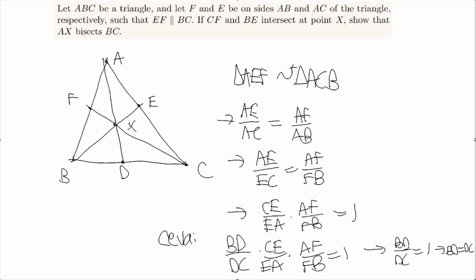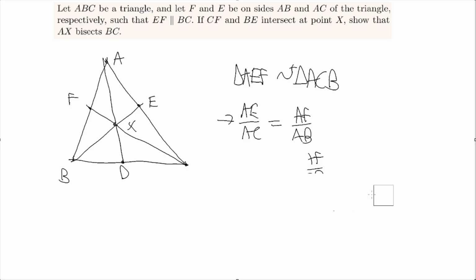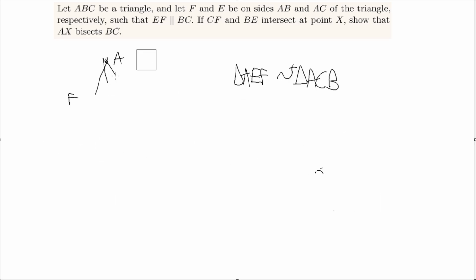All right, so now that we've done this example, we want to figure out how Ceva's theorem can apply whenever we don't have to intersect the other sides. We want to find a version of Ceva's theorem that does not involve the other sides of the triangle. Like, it doesn't involve D, E, or F. So let's suppose that we have our triangle ABC again.